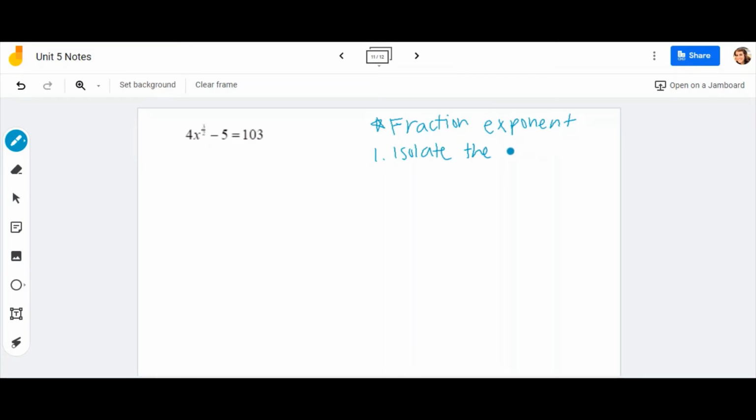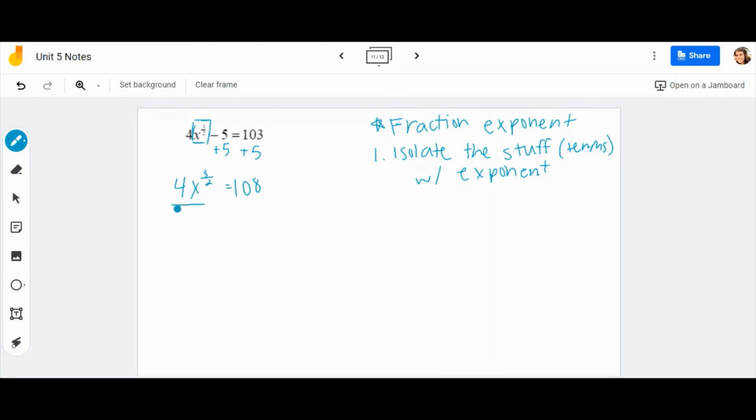Okay, so first I want to isolate the stuff, I guess I'll say, the variable or the terms with the exponent. So in this case, I don't have any parentheses, so it's just the x that's raised to the 3/2. So we're going to work on isolating that. First, I'm going to add 5 to each side.